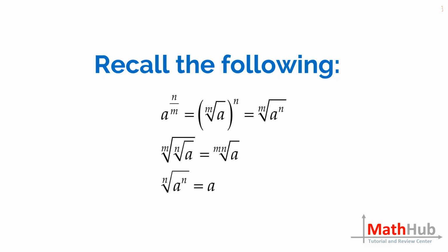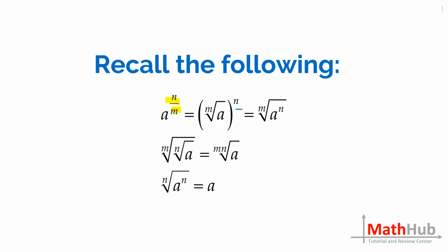Let us recall the following. If you have a number raised to a fraction, like this one, what you do in terms of radicals is that the denominator becomes your index and your numerator becomes an exponent.